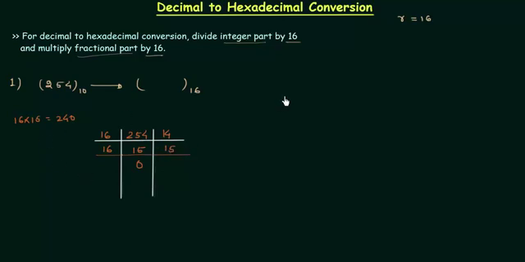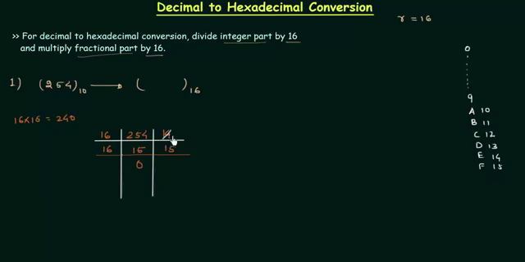Now if you remember the first presentation, we had 16 distinct digits in the hexadecimal number system, starting from 0 up to 9, and 10 is written as A, B is 11, C is 12, D is 13, E is 14 and F is 15.